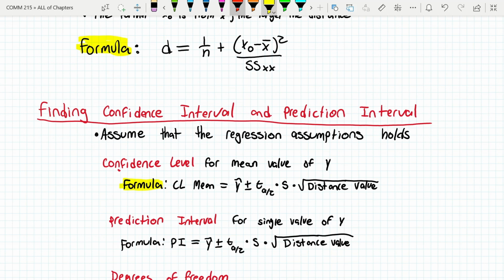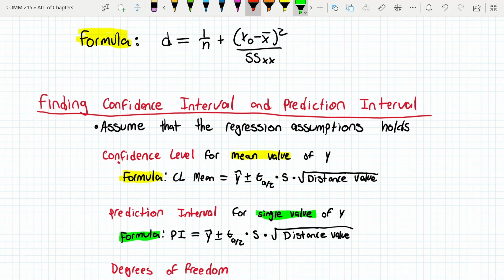And for the prediction interval for a single value, it's y hat plus or minus your t score times s times the square root of the distance value.